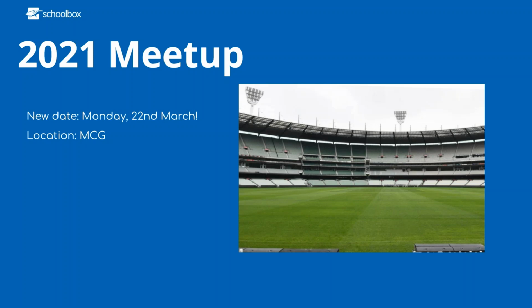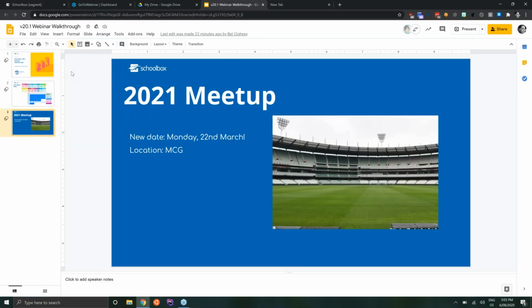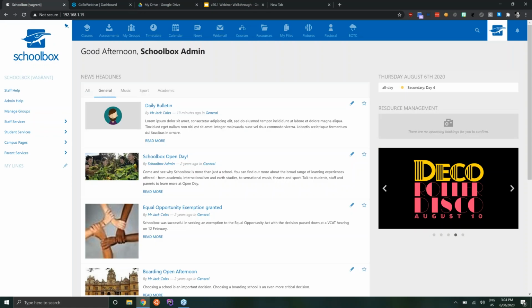As we move into this release, I think it's important to talk a bit about what we've been facing with the COVID-19 situation. For us at Schoolbox, it has been a time to refocus our priorities and look at what really does matter within the product. What we have reflected on during this time is that Schoolbox has become, and it always has been, so critical to the function of a school.